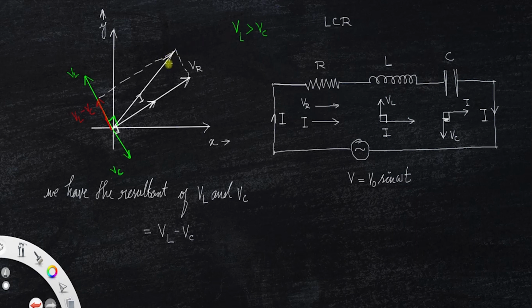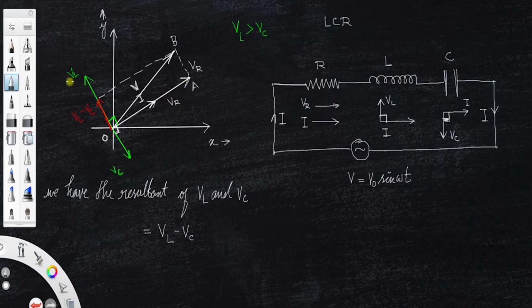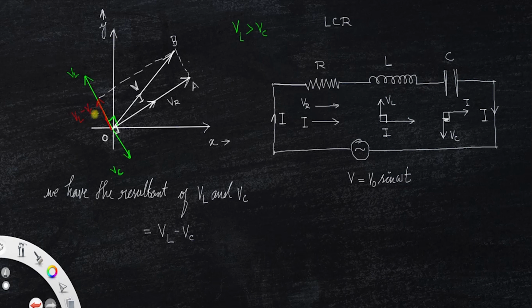So this is the resultant voltage V. Let's name this triangle O, A, B, and this is actually VR. That is VR. And this length, that is AB, is actually VL minus VC. Clear? I placed VR here because before drawing this, there is only VR. Actually, OA is the VR itself.